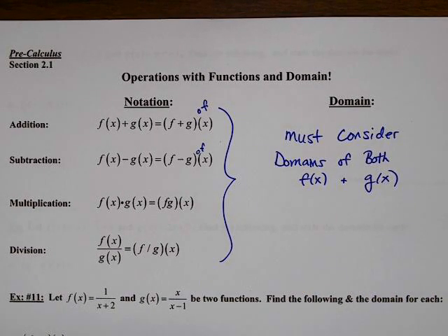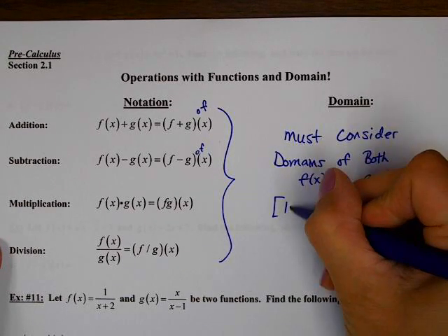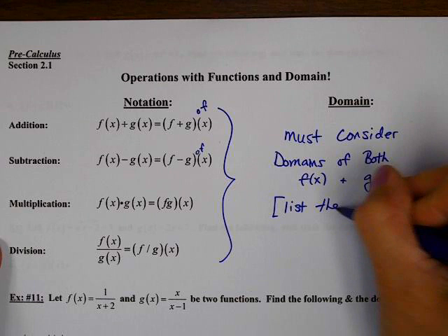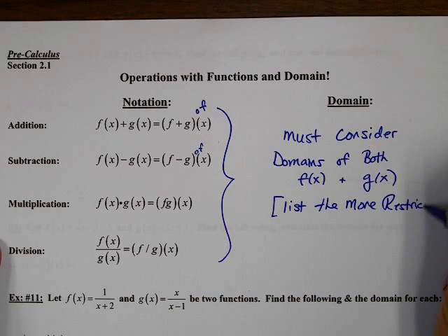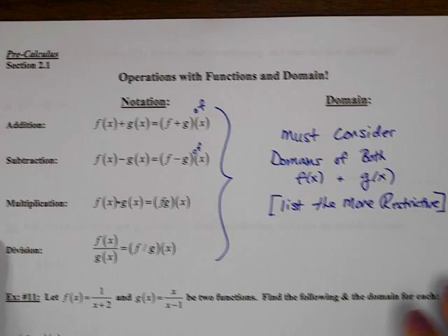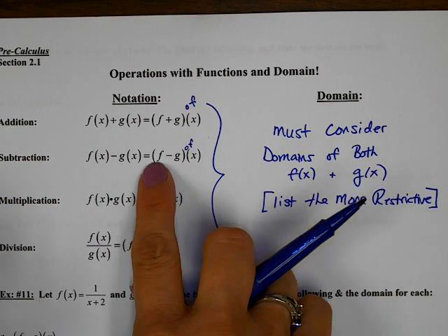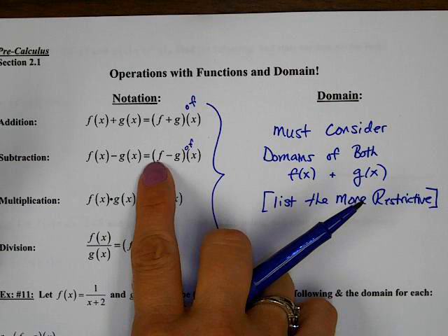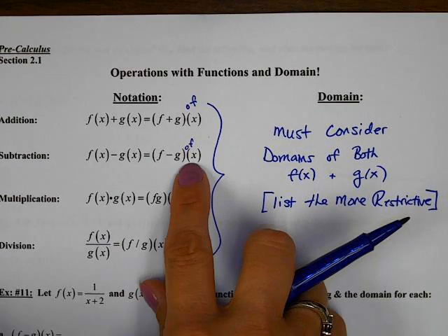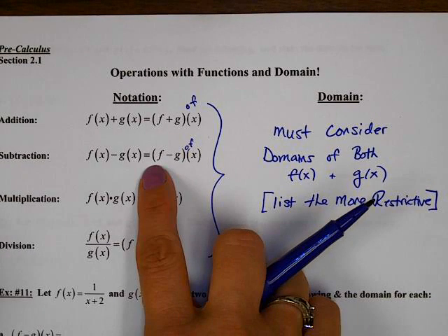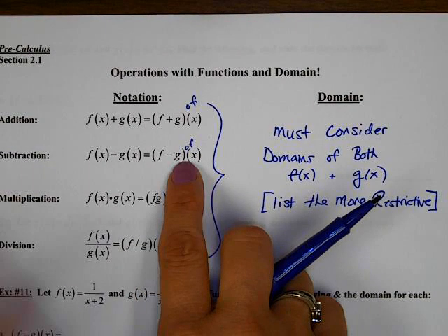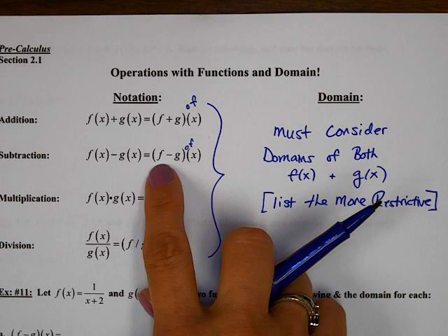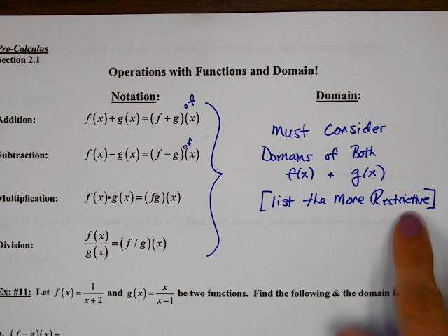You have to do f and g, and list the more restrictive. So what that means, if f only allows positive numbers, but g will allow everyone, then you have to listen to f, because it only works with positives. I know g will use any number, negatives included, but f won't work. So that's why you list the more restrictive.